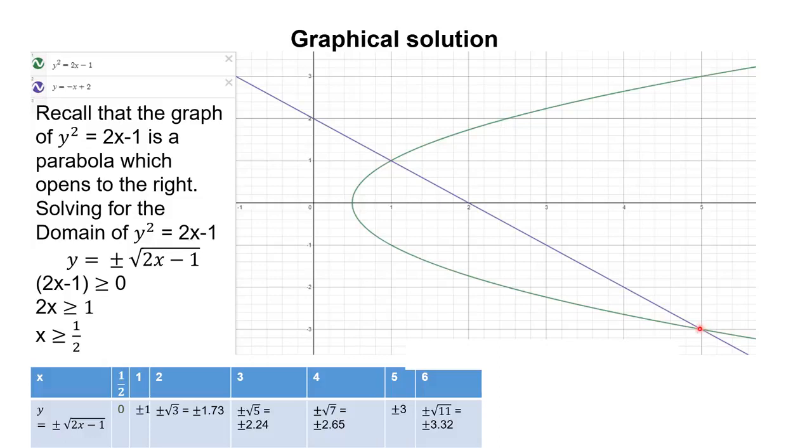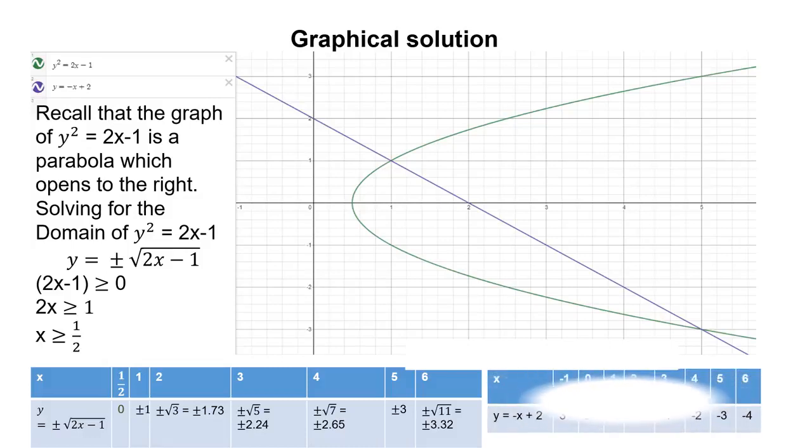On the other hand, the graph of this linear equation is taken from the following values.